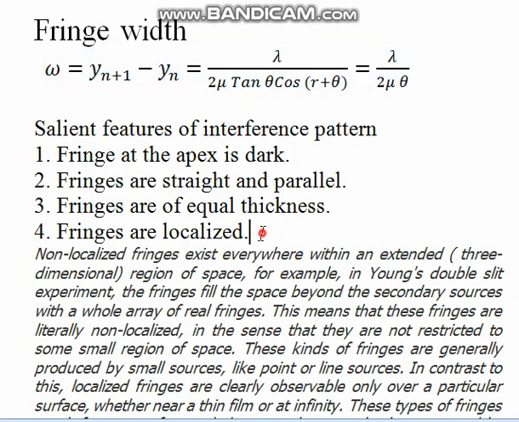One thing more, the fringes are localized. You know that there are two types of fringes, one is non-localized, the other is localized. Here in this case the fringes are localized as they appear in a very small portion of the surface. They are not extended over the whole space.